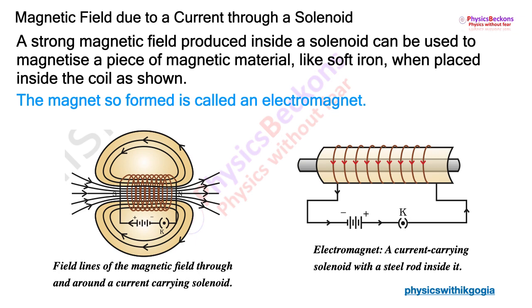It behaves as a magnet as long as the current is passing, number 1. So, it is a temporary magnet. Number 2, the strength of the magnet depends on the magnitude of current as also the shape of the solenoid, that is number of turns in the solenoid and its radius.